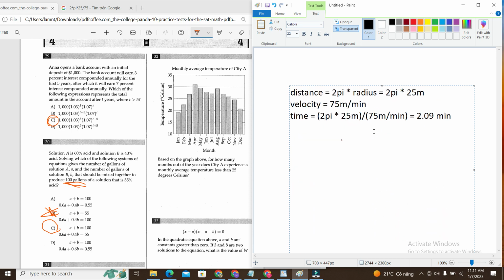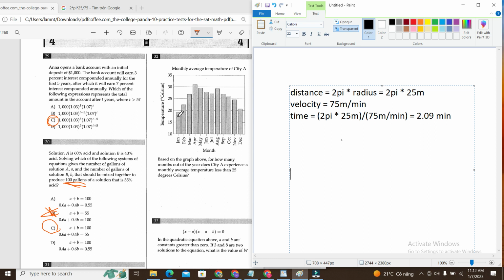Monthly average temperature of CTA. Based on the graph above, how many months out of the year does CTA experience a monthly average temperature less than 25 degrees? How many months?